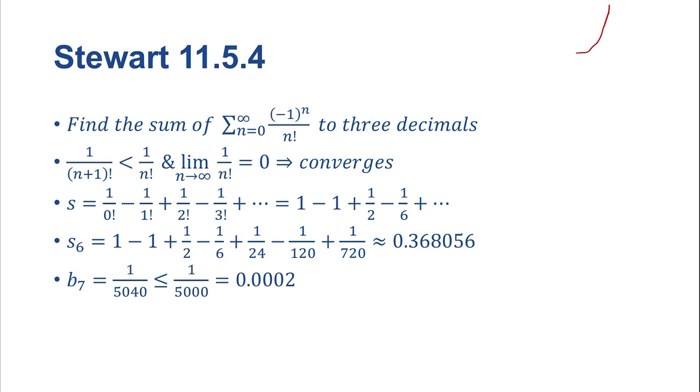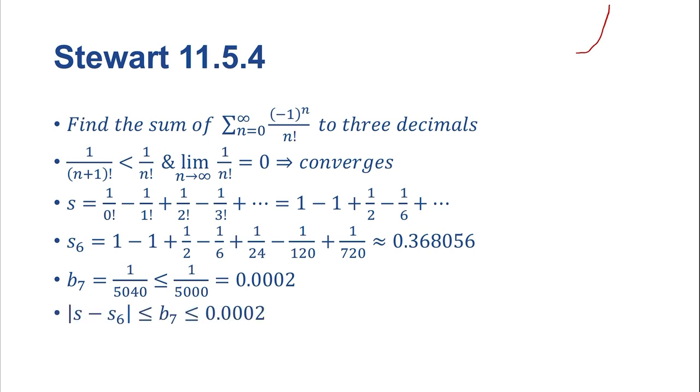Okay, so now let's find the 7th term. The 7th term is going to be 1 over 5040, and 1 over 5040 is less than or equal to 1 over 5,000. So that's good. And 1 over 5,000 is 0.0002.